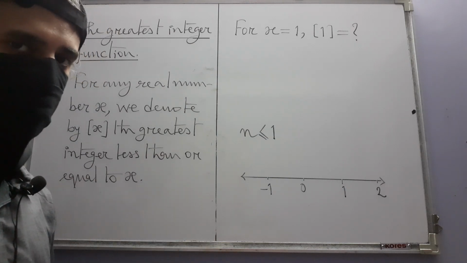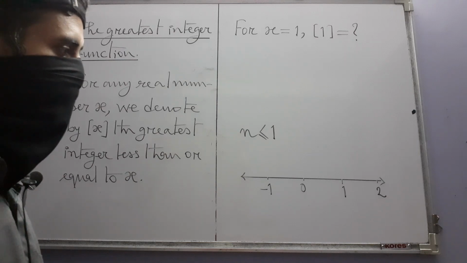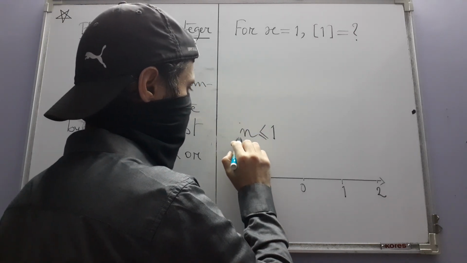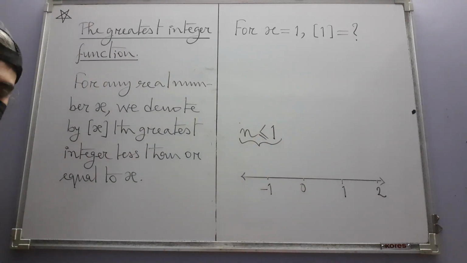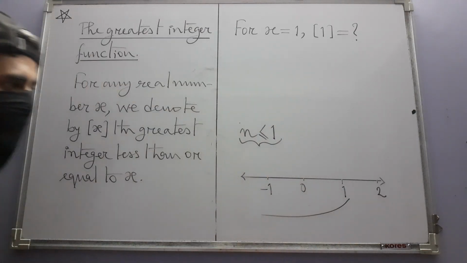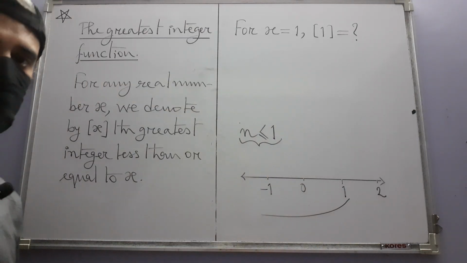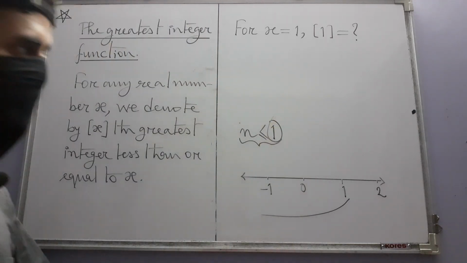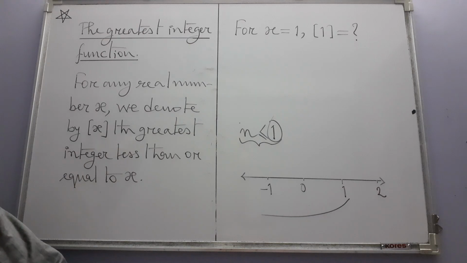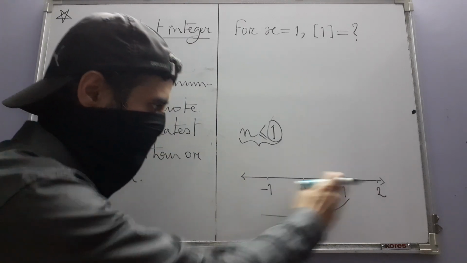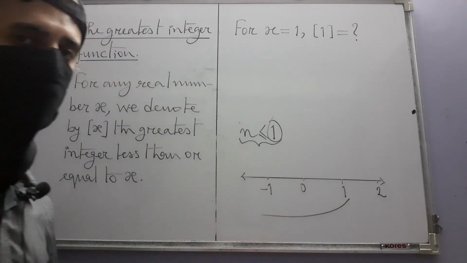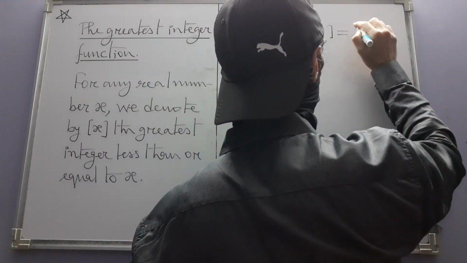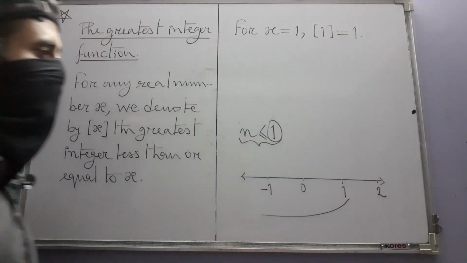That automatically means also less than or equal to 1. So, if you think of the set of all integers satisfying this inequality, these are the integers. Among them, what is the greatest? 1 itself. So, that means the greatest integer less than or equal to 1 is 1, and that is why this is 1.